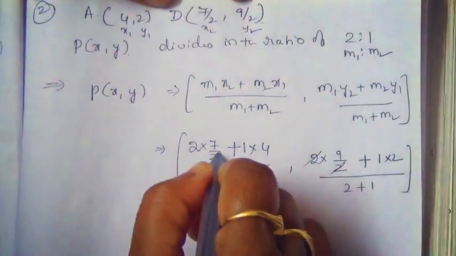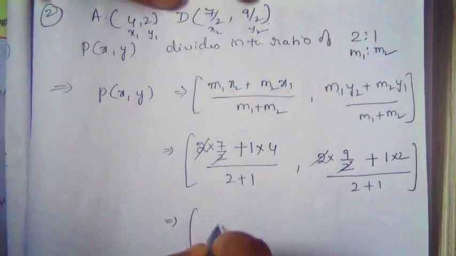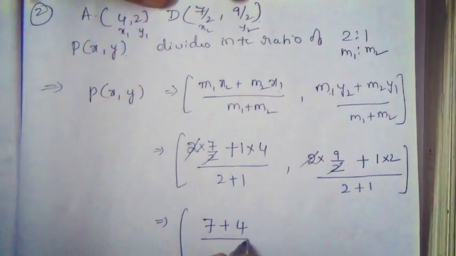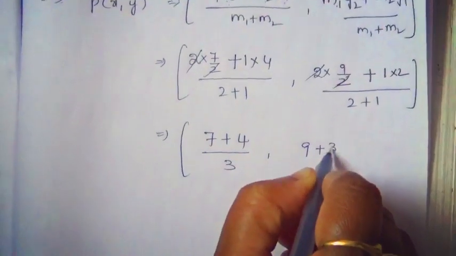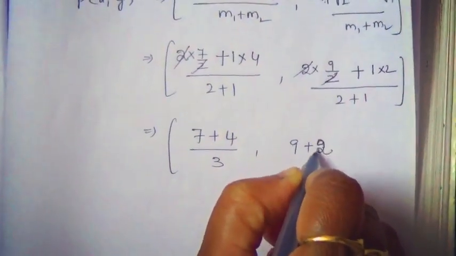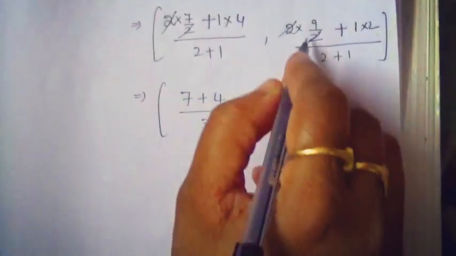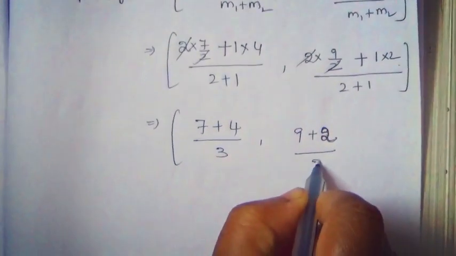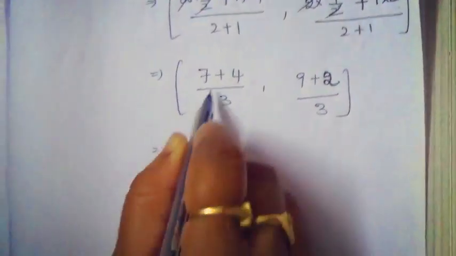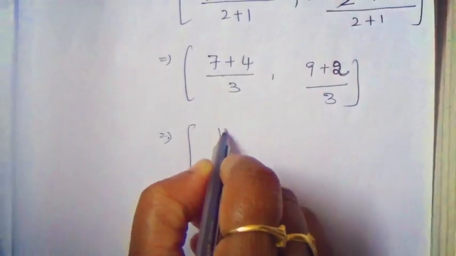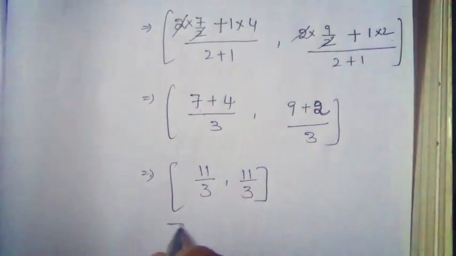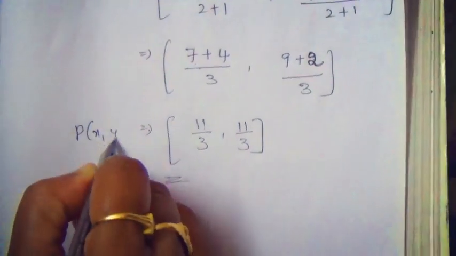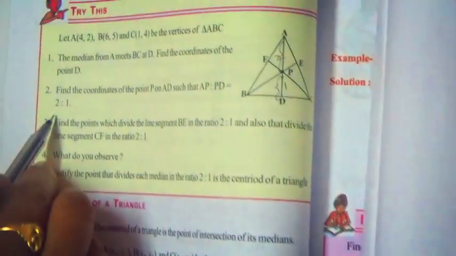Here 2 cancels, 2 cancels. That implies (7 plus 4) by 3, and (9 plus 2) by 3. That implies 11 by 3, 11 by 3. So it is the point P of (x, y). So the second question is finished.